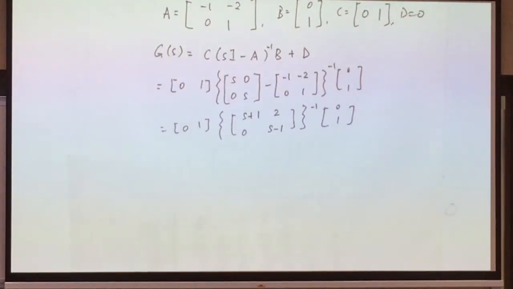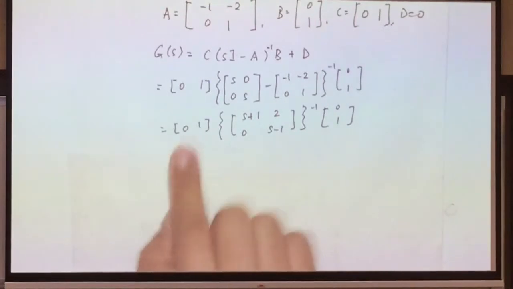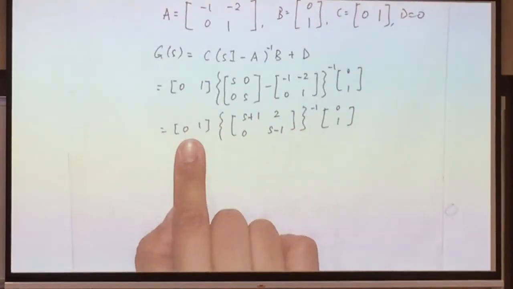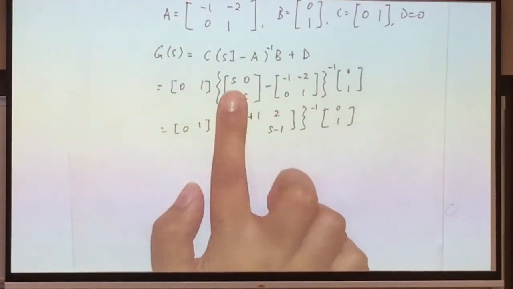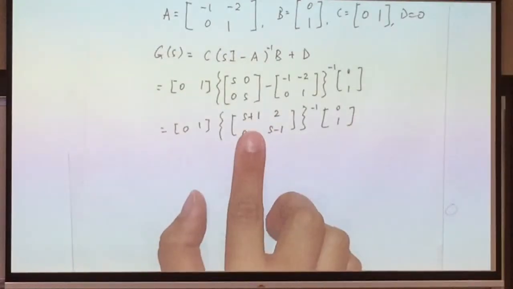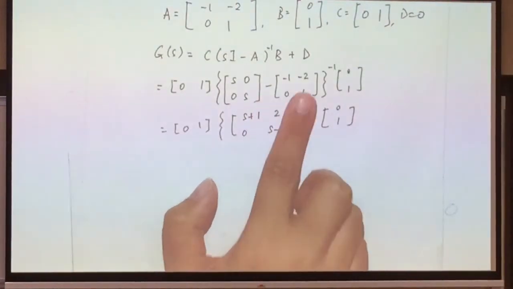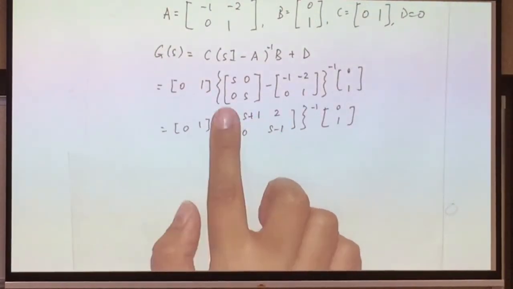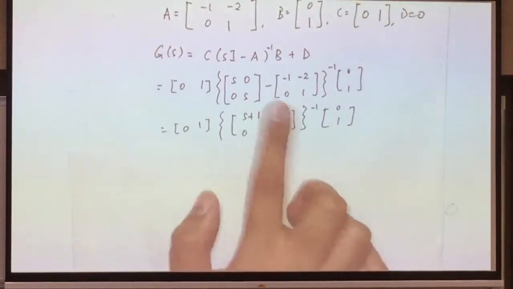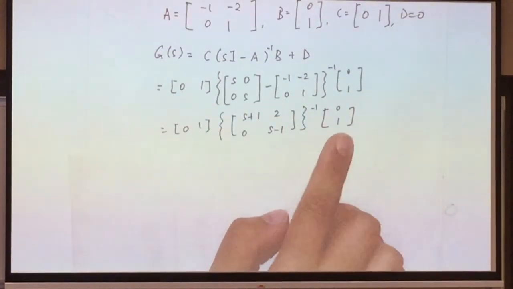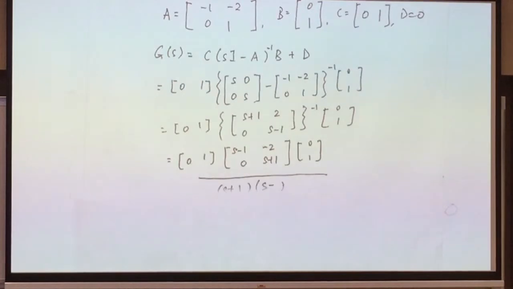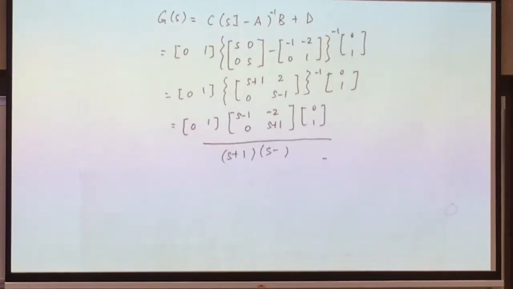Of course, I will teach you a little bit about it. You see this? You combine these two. s minus minus 1 is s plus 1. 0 minus minus 2 is 2. 0 minus 0 is 0. s minus 1 is s minus 1. Inverse like this. So how do you compute the inverse?